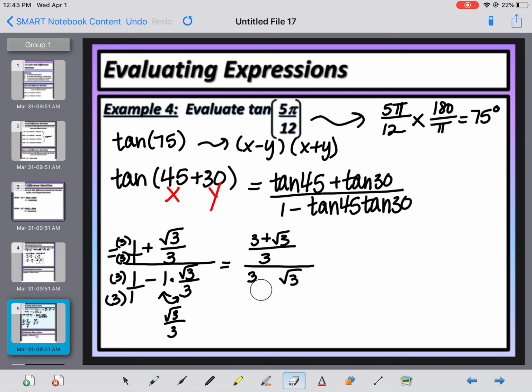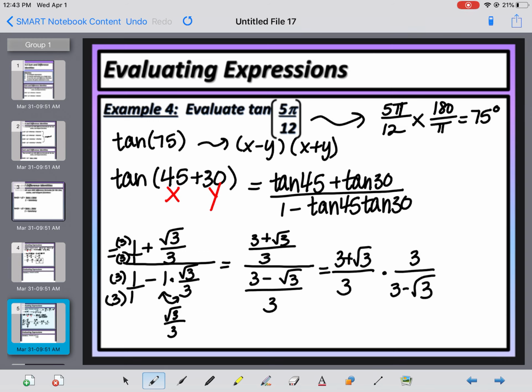I'm going to make this all one fraction. Now it's a complex fraction, so we multiply by the reciprocal of the bottom and do some cross canceling. So my final answer, you do not have to rationalize that. You can just leave it.